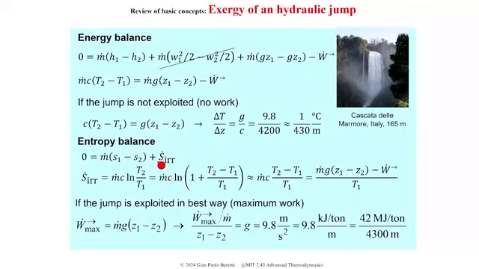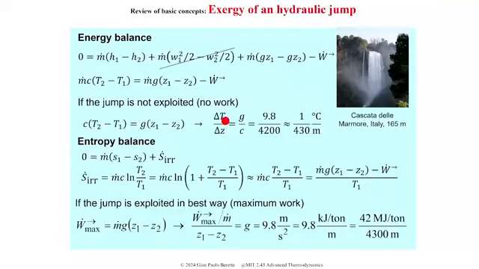Not much. Then you can compute, of course, the entropy produced by irreversibility, because that's the entropy balance. And again, you remember that for the incompressible fluid model, the entropy goes as c times the logarithm of the temperatures. So you can rewrite this way.